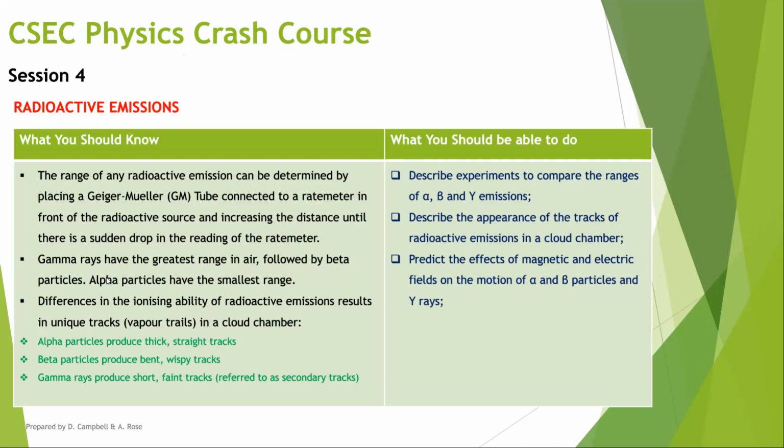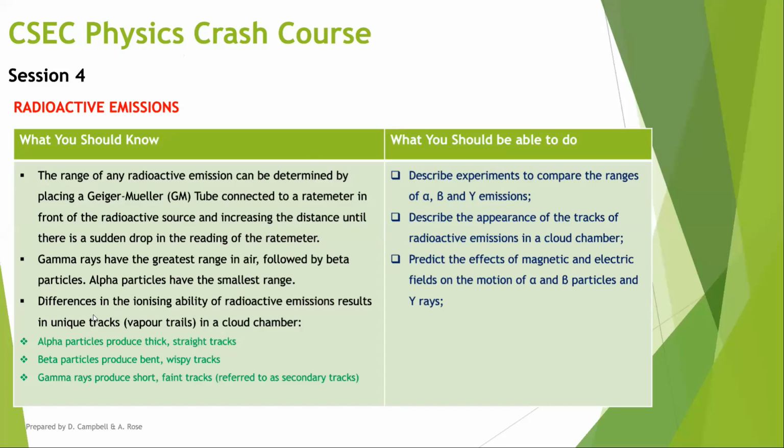However, alpha and beta particles will collide with other molecules, and that will stop them after some distance of traveling. Because alpha particles are massive, they collide with more air particles, so they are stopped sooner, while the beta particles are smaller, so they collide with fewer air particles and travel a slightly greater distance.